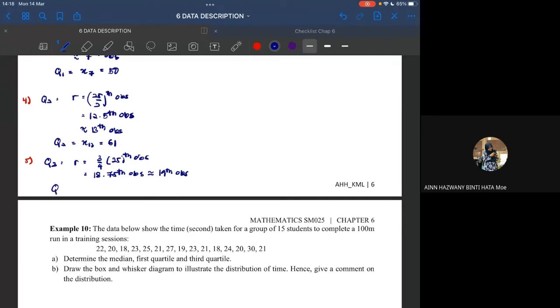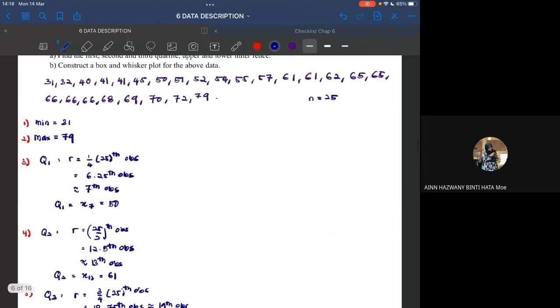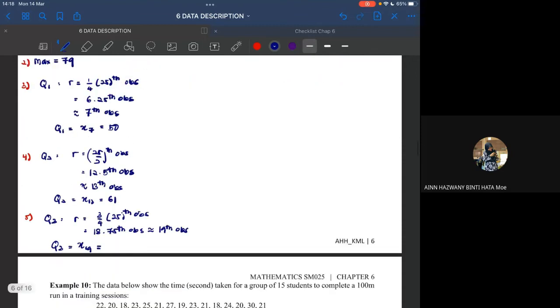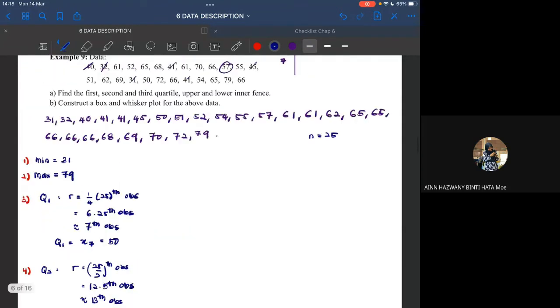So Q3 is equals to 19th observation, which is 66. Okay, Q1, Q2, Q3 settle.